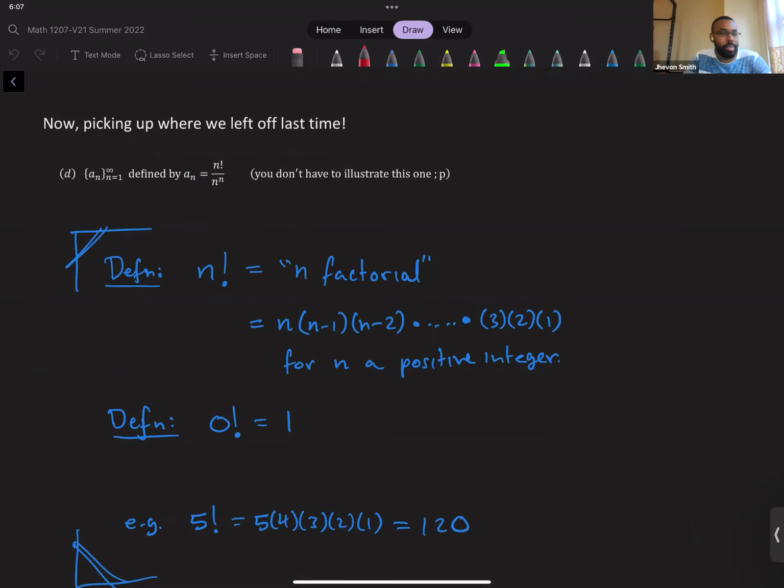Sequences, right? Not to be confused with series. Both words start with S. Vocally you'll mix them up all the time, but hopefully you know the difference between the two when you see it on paper. So a sequence is just a list of numbers in some definite order. There's a rule that tells me what gives me these numbers.